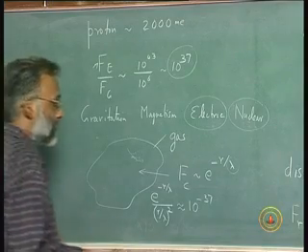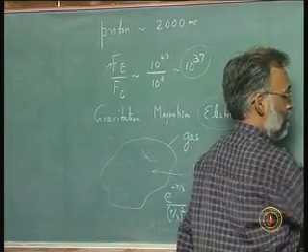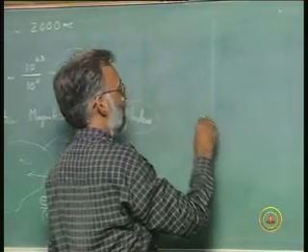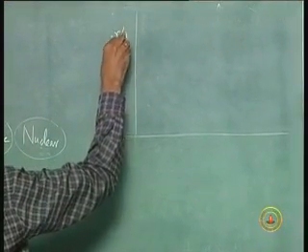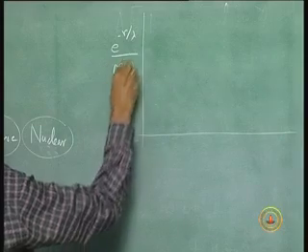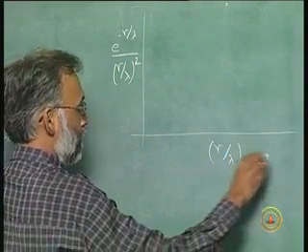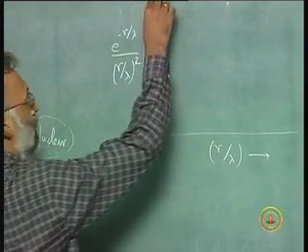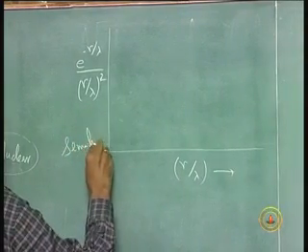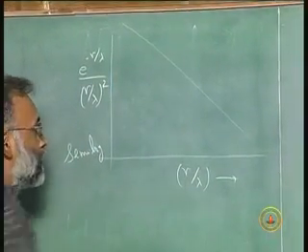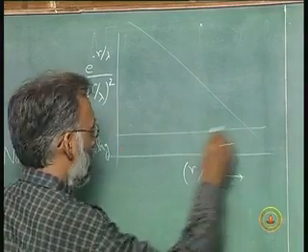Well, you can plot this, and what you find is the following. If you plot e to the minus r over lambda divided by (r over lambda) squared versus r over lambda, this is a logarithmic plot, so semi-log, you will find more or less a straight line that intersects 1.